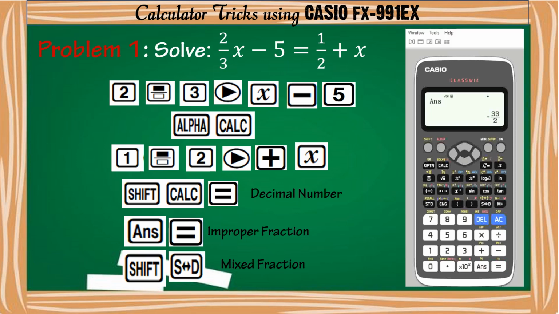So it's all up to you with whatever is the required answer, whether it is expressed in decimal, improper fraction, or mixed fraction, for as long as they are of the same value. Lahat po yun makukuha nyo using our emulator or our calculator. So it's all up to you. As for me, I only required fraction reduced to lowest term.